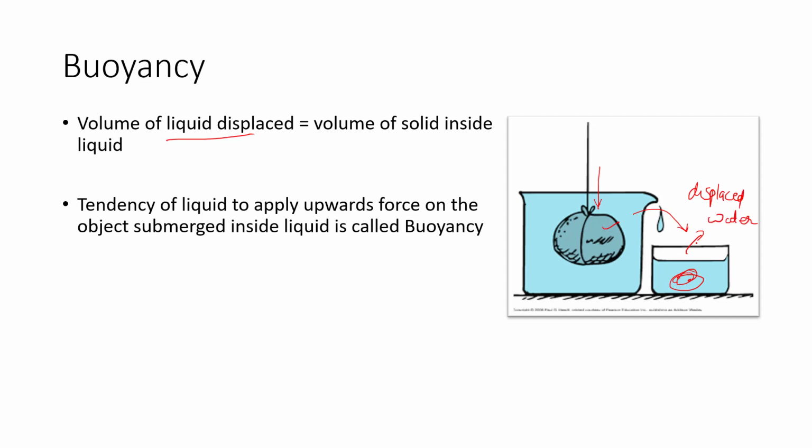Now this volume of displaced water is going to be equal to the volume of this rock, because the rock is completely inside the water. The volume of rock is equal to the volume of fluid displaced. Okay, and as we talked about buoyancy, the tendency of liquids to apply an upward force on the object submerged inside the liquid is called buoyancy.